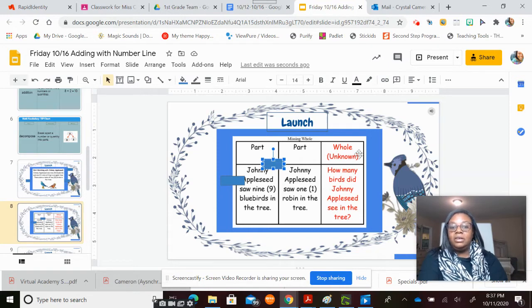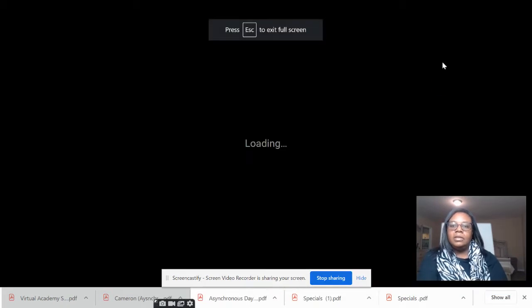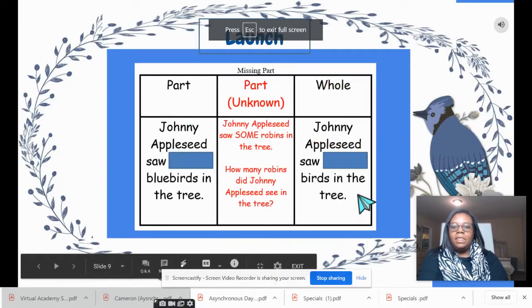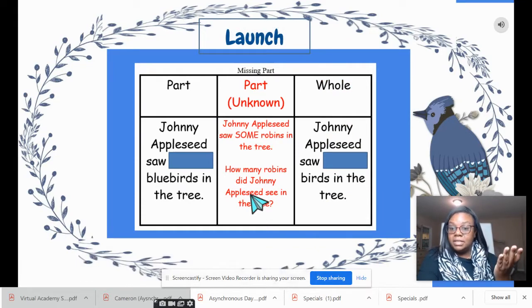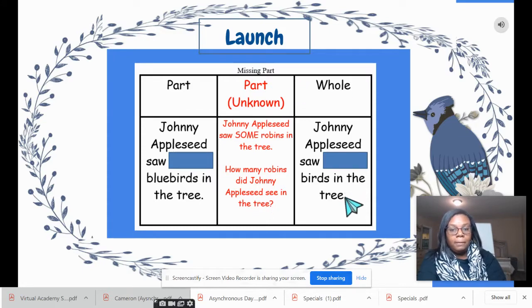So that is the whole unknown that we would solve for. The next example, which is what we're going to practice today, is solving for the part unknown. So we have one part, a missing part, which is the unknown, and then we have the whole.